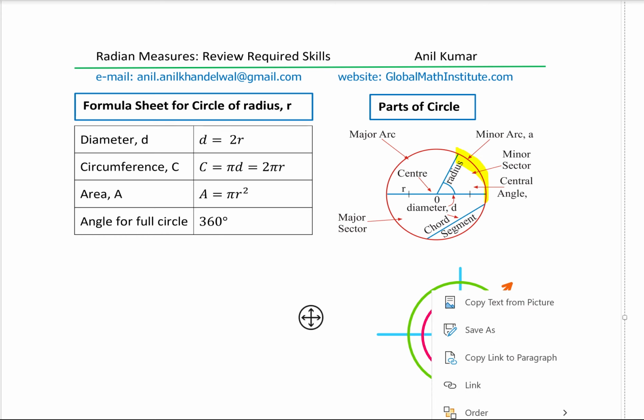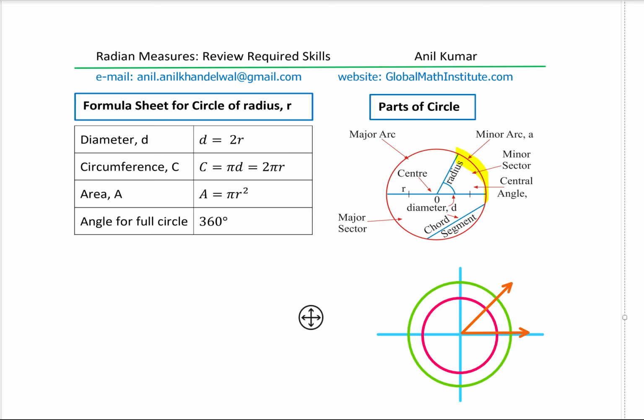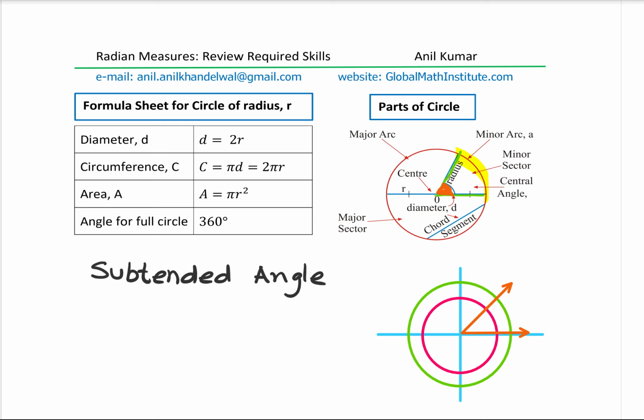So this is the arc where we have defined an area, then the angle which is made by the arc in between, we call this the subtended angle, right? So whenever I use the term subtended angle, it really means this angle, and we'll name it as theta for most of the cases.